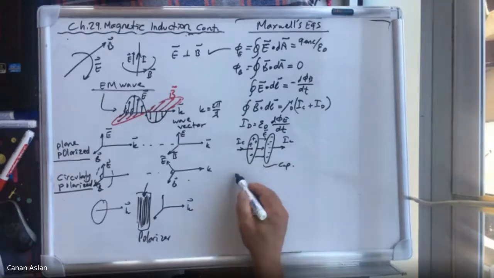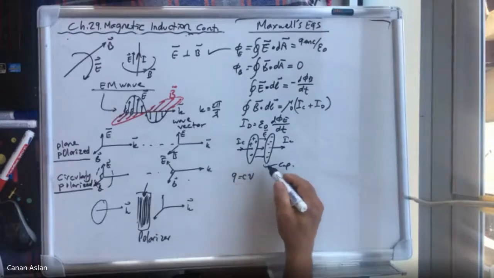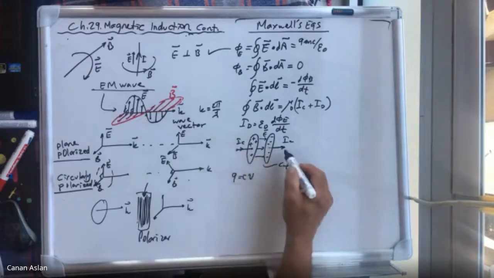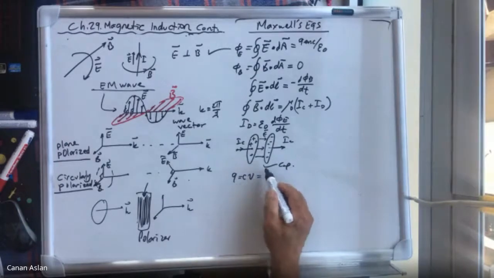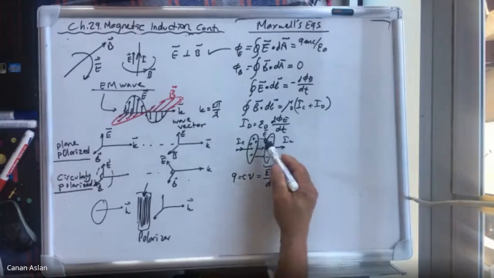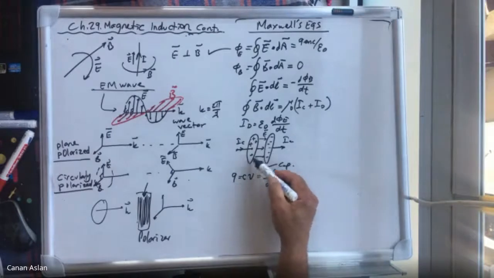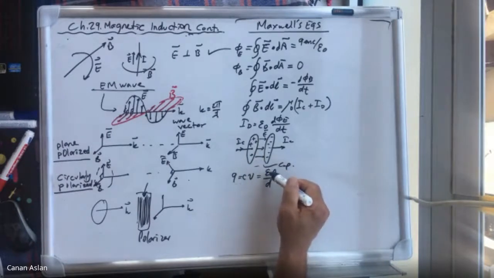Now, don't forget, Q equals CV, okay? If the potential difference between the 2 plates is V, then we have this case, but the capacitance for the parallel plate is just epsilon times A over D. Why do I write epsilon instead of epsilon 0? Maybe I can fill this region with some kind of dielectric, with constant kappa times epsilon 0.